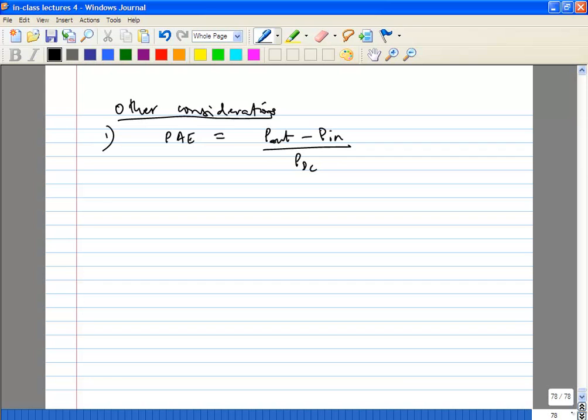The reason you want to define it this way is because if you have a PA which gives no power gain, it looks as if it has a very high efficiency, but in reality it doesn't, because you're not adding any power. So this is a good way. If there is no power gain, your power added efficiency is actually 0 for the PA. So obviously this is less than the drain efficiency, which is just Pout over PDC.